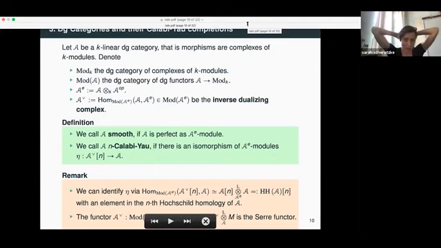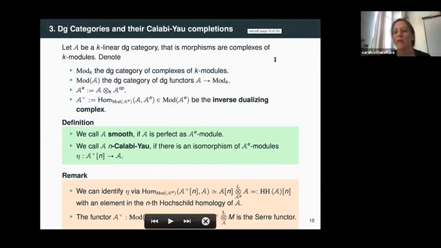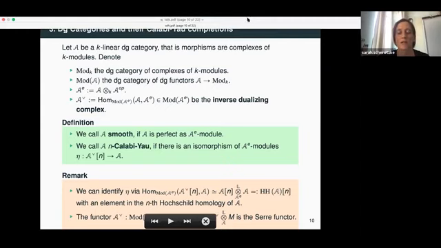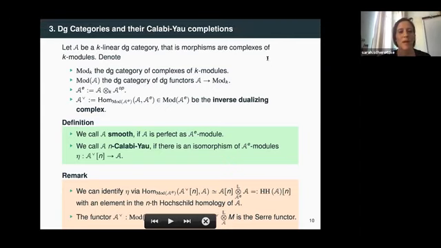And then we will go back to the n-shifted symplectic structures and make the connection between these two concepts. Okay, so let me just recall, if A is, we will take A to be a k-linear DG category.